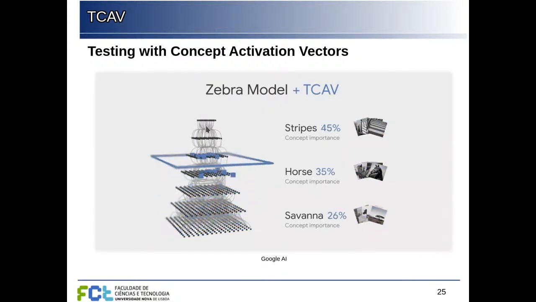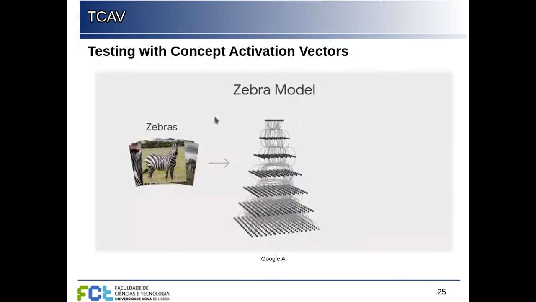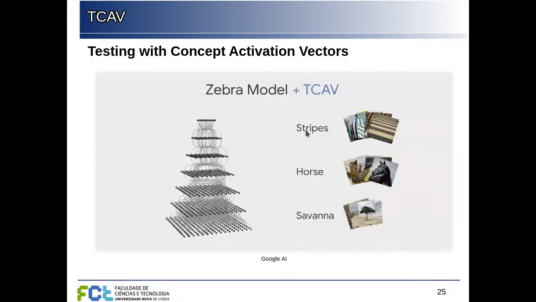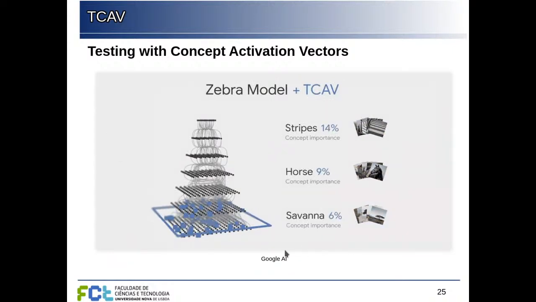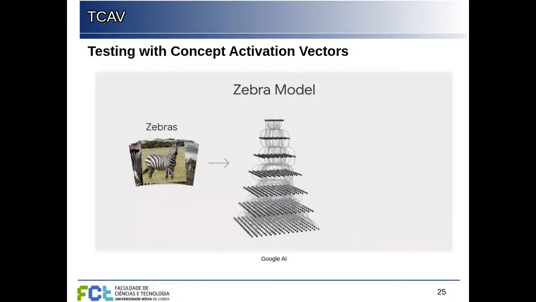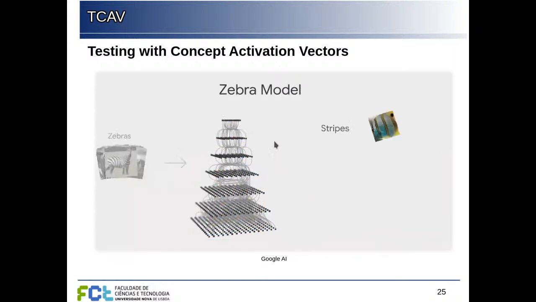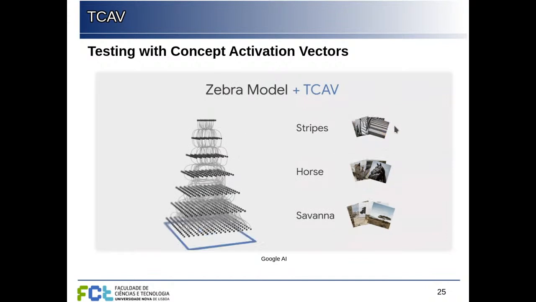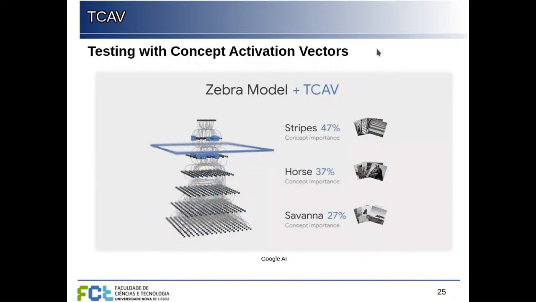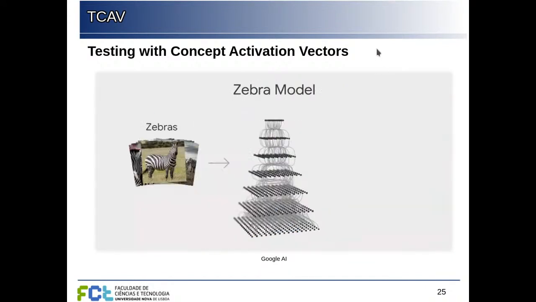It then passes the images through all the network and classifies as zebras. But now, using these concept activations that we can create, stripes, horse, savanna, we can measure how sensitive this particular example at each layer is to these kinds of concepts. And this way we can see which are more important or less important for the classification.